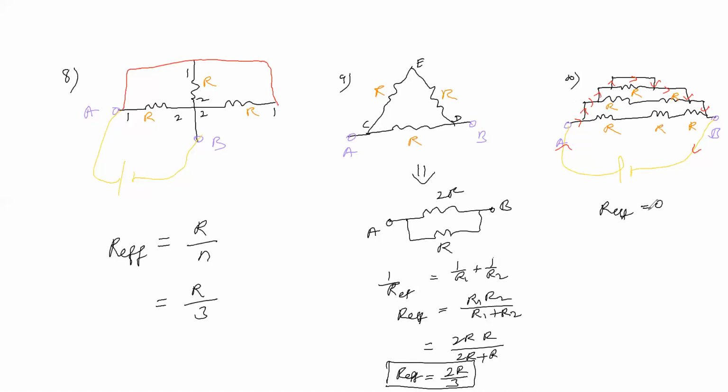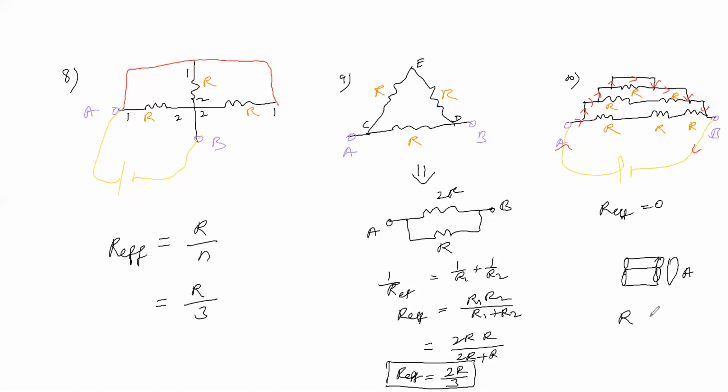In a parallel combination, we get the formula R by N. That means the effective resistance is lower than the lowest individual value. Why is it lower? As we connect resistors in parallel, the effective area increases.